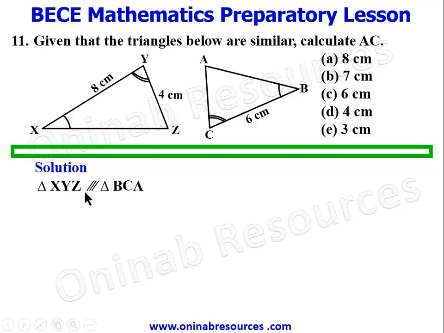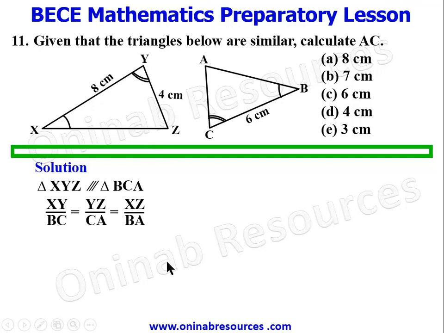So since the ratio of their corresponding sides are equal, we can say XY, that is the first 2 letters, divided by the first 2 letters here, that's over BC, is equal to YZ, that is the last 2 letters, which is corresponding to the last 2 letters here, over CA, is still equal to first and last letter, that is XZ, over BA.